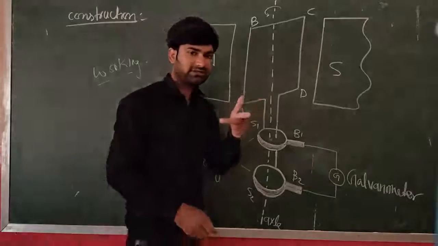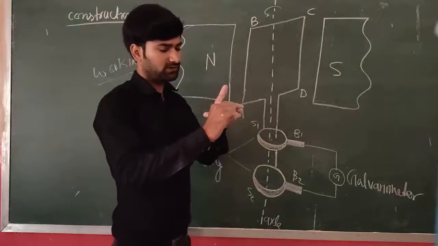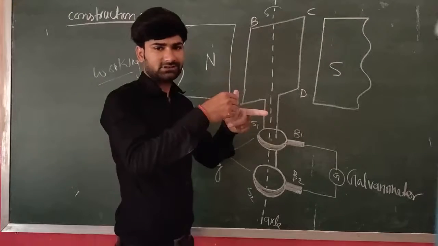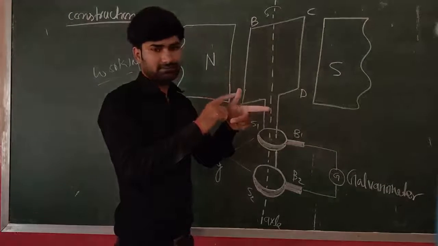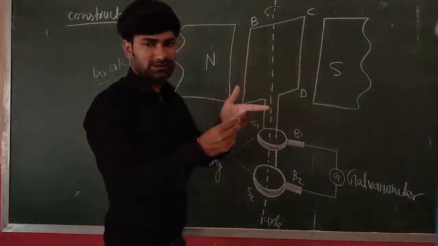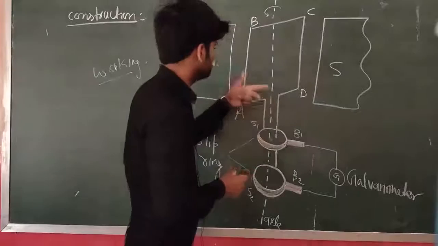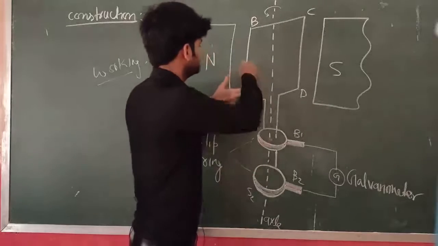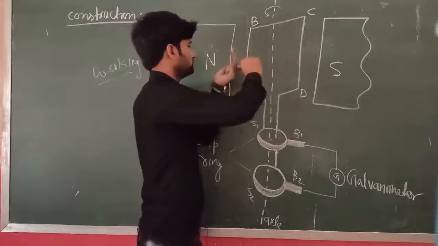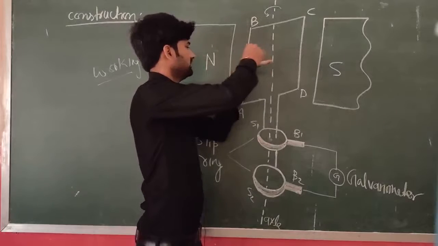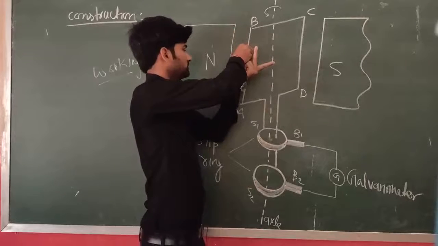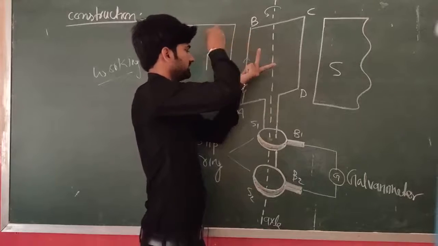According to Fleming right hand rule, if this forefinger is in direction of magnetic field, this thumb is in direction of motion of conductor, then this shows the direction of induced current. So we can find that this is moving inward and magnetic field from N to S. So this is the direction of current. It means current will produce in this coil in this direction.